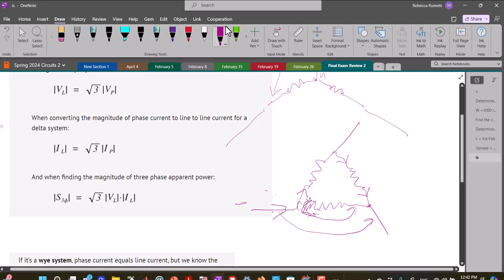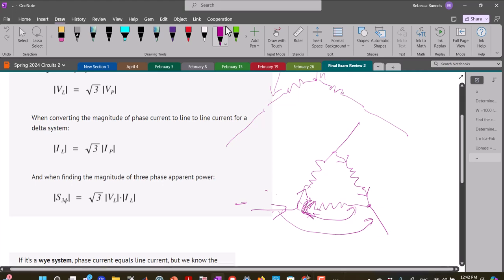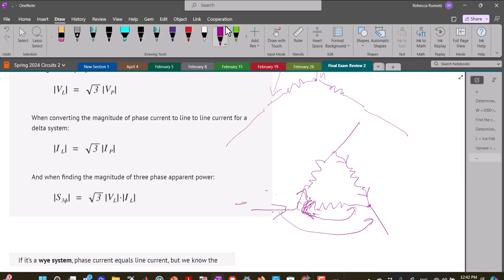And so when you look at it like that, you can see that the line current is going to have to be more than the phase current, because if it was exactly equal to the phase current, then it would be the same as this, but then you also have this part to take care of.